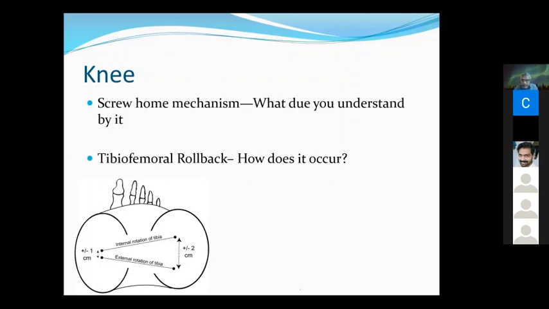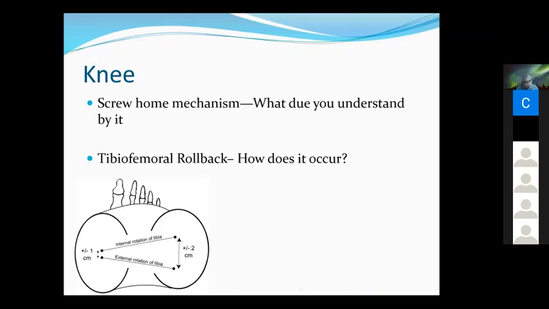Yes, sir. Okay. And on flexion, there is external rotation of the femur and internal rotation of the tibia. And what brings about that? What is one structure which helps? Not quadriceps, which muscle?